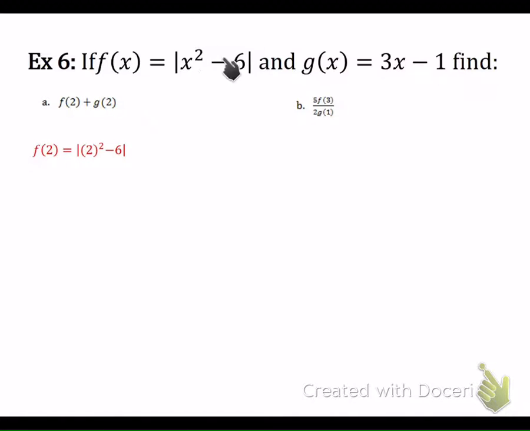So put a 2 in right here. Two squared is 4. 4 minus 6 is negative 2, and then I take the absolute value, which is 2. So f of 2 is 2.